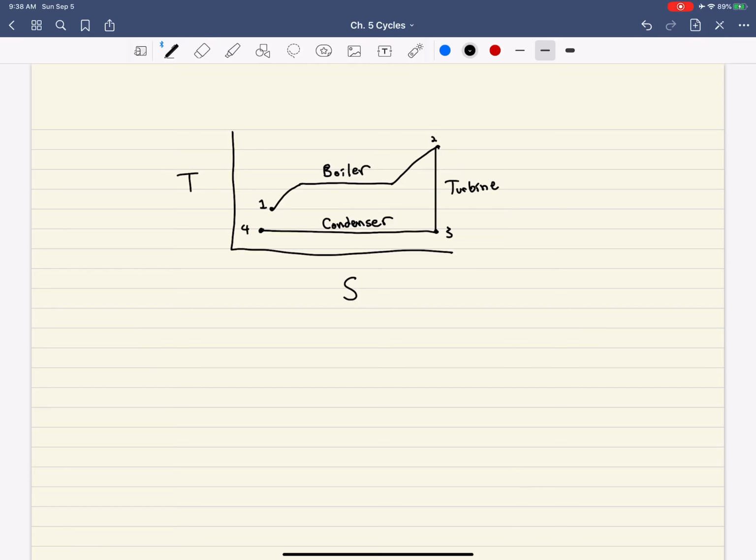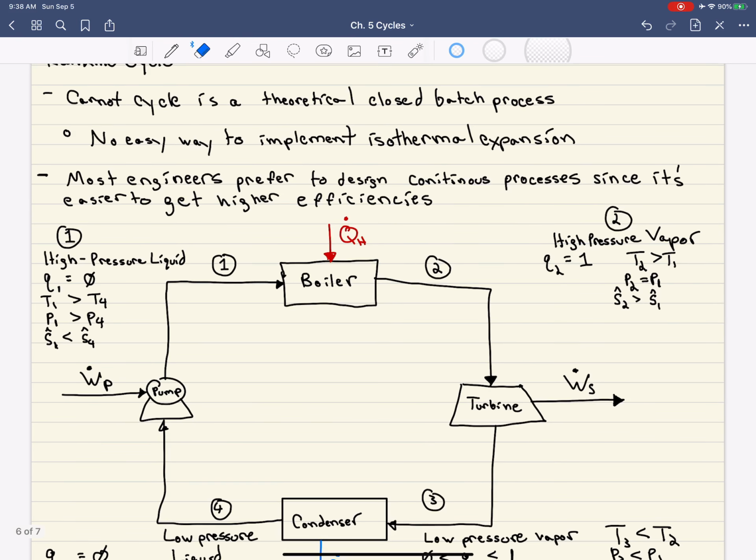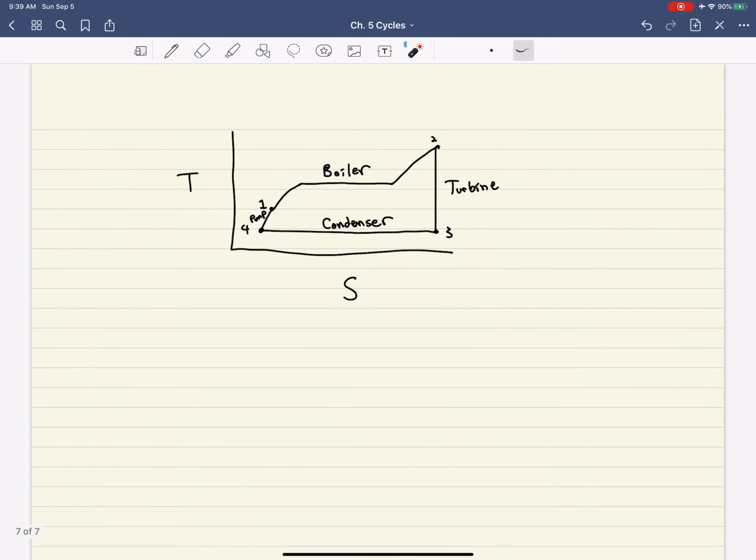And then the pump pressurizes that liquid, so it slightly increases the temperature of the liquid as well. And also, I realize here I wrote the sign backwards, right? And so the reason the entropy for S1 is greater than S4 is because of that slight temperature increase as well. Okay. In any case, this is how you could visualize the Rankine cycle on a temperature entropy plot.